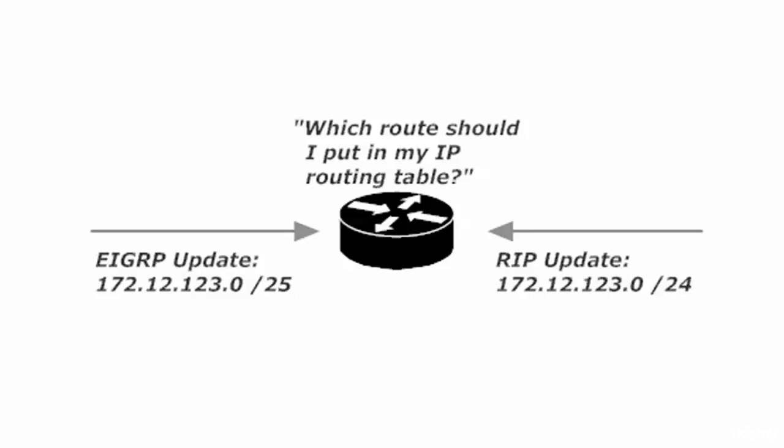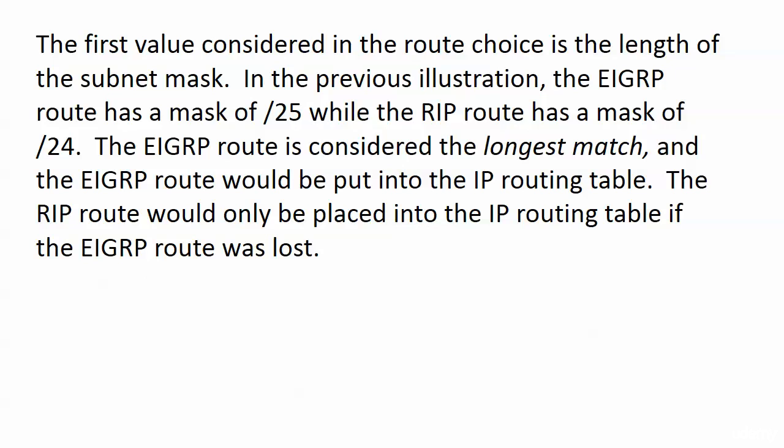Well, in this case, administrative distance does not matter because the first value that's considered in this route choice is the length of the subnet mask. And in that previous illustration, the EIGRP route had a mask of /25, while the RIP route has a mask of /24. And this is what we call the longest match. That EIGRP mask is going to match the first 25 bits.